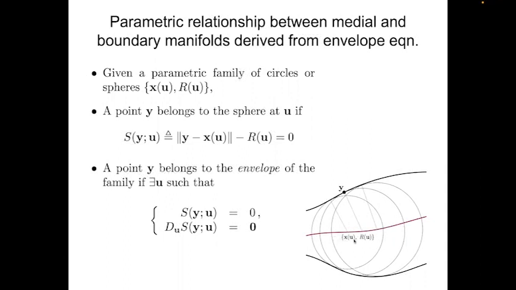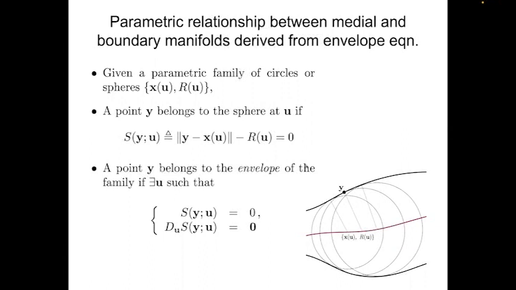And you can then argue that not only on the envelope S has to be 0, so the point has to be distance R from the center of its circle, but also the derivative of S with respect to U has to be 0. So if you move a little bit with respect to U, you also have a corresponding point on the envelope that's just a little bit away from Y.